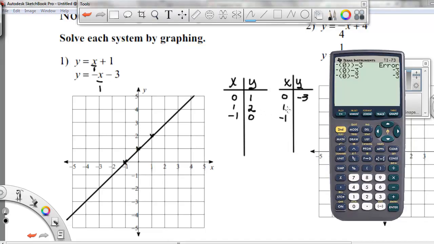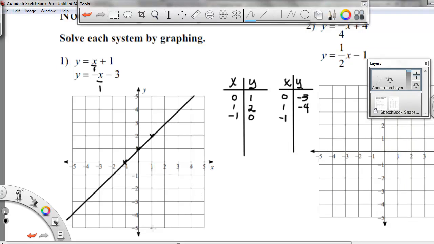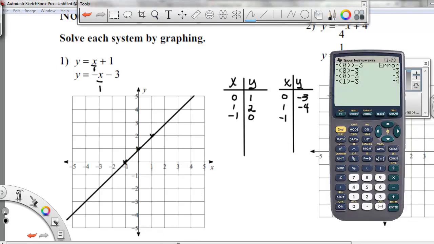Now I'll put 1 in for 0. When x is 1, y is a negative 4. So there's 2 points. Now I have to put a negative 1 in here for x. I will use my insert key and put a negative 1 in.